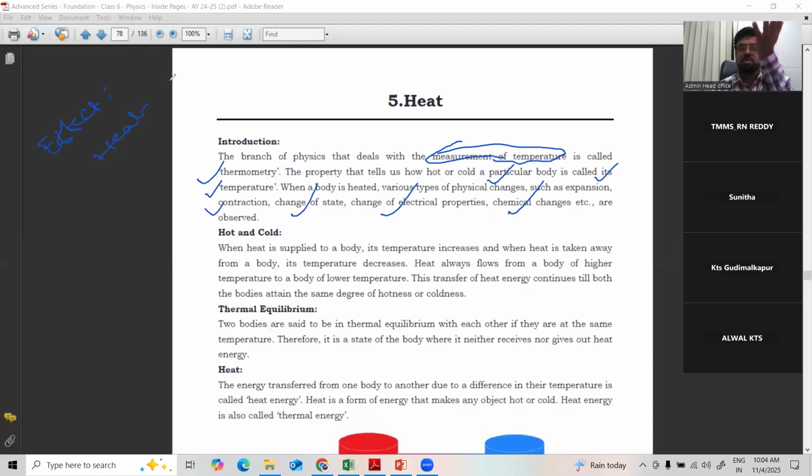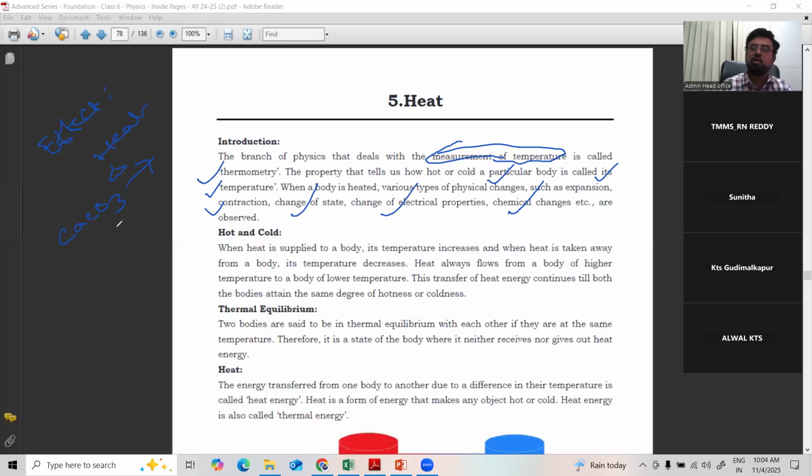Such as expansion, it may expand, or it may contract, or it may change the state, means solid to liquid or liquid to vapor, or change of electrical property also. Whenever a body is in one state, it may not conduct electricity, but when you heat it, it may conduct electricity. Chemical changes: when you heat a compound, for example, I already told, take CaCO3, calcium carbonate.